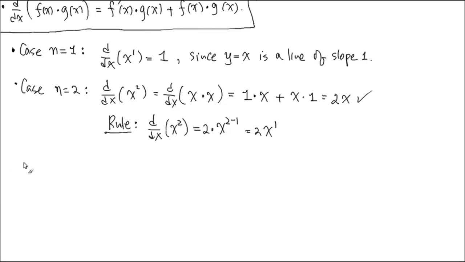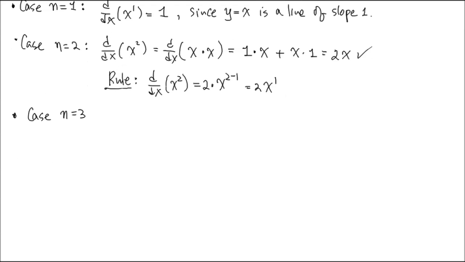What's next? Case n equals 3. That's right. Good. So let's try that. d/dx of x to the third. All right. Can you write it down as a product of two things? Sometimes there are several choices.